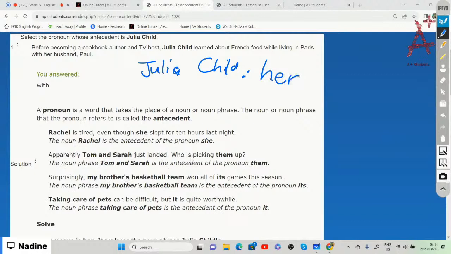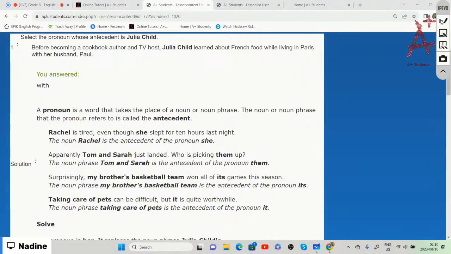If I read that sentence again, it says before becoming a cookbook author and TV host, Julia Child learned about French food while living in Paris with her husband Paul. So her is the pronoun.